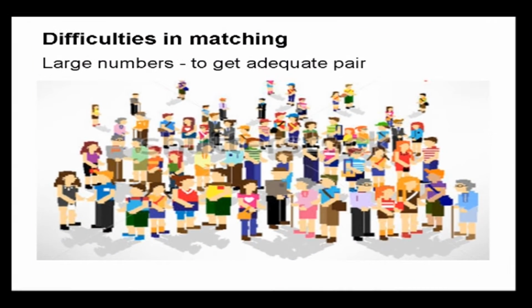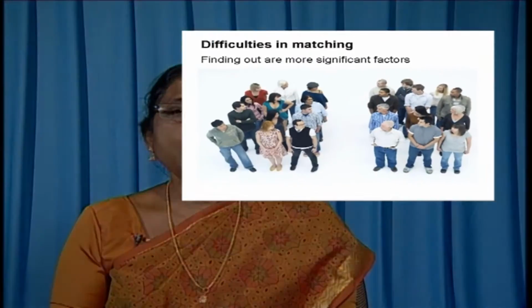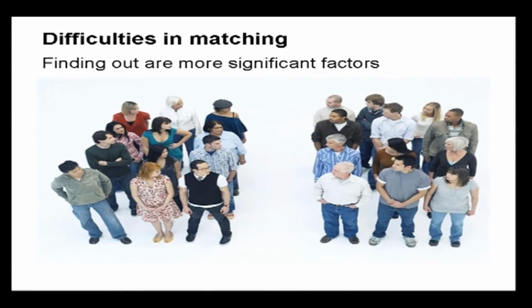If matching has to be done perfectly, then a large number of cases are to be selected in order to get adequate pairs. There may be cases for which no matching is possible. Another difficulty is to know which factors are more significant to be matched.